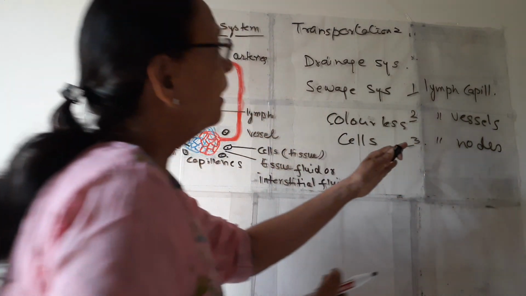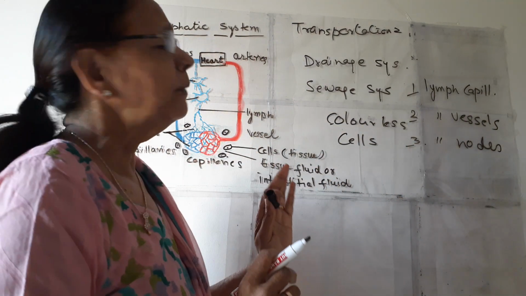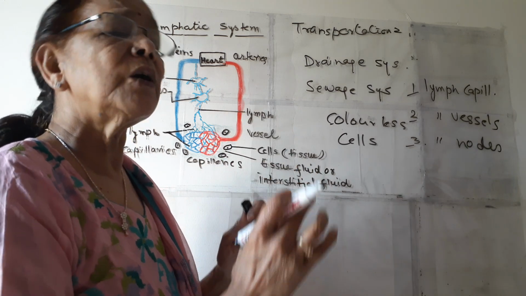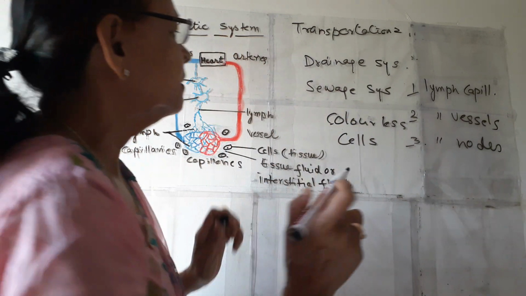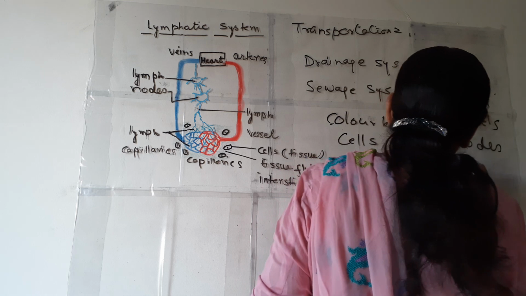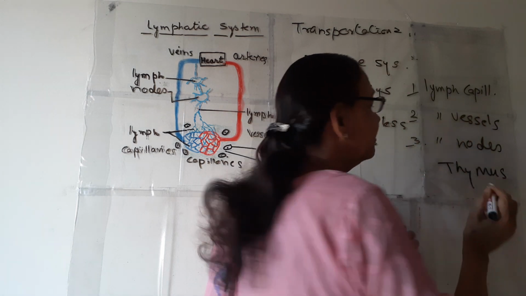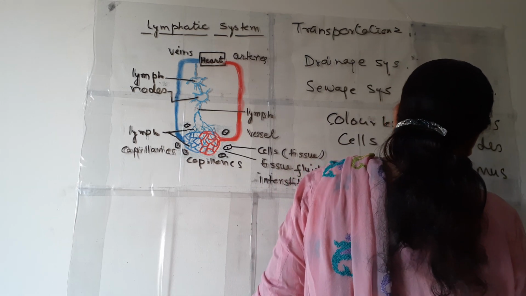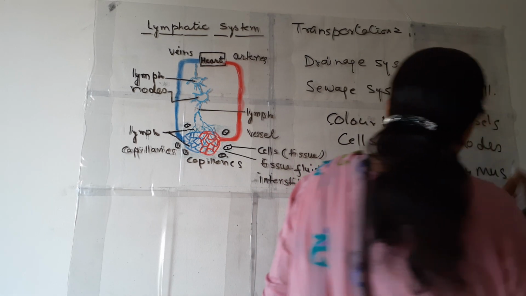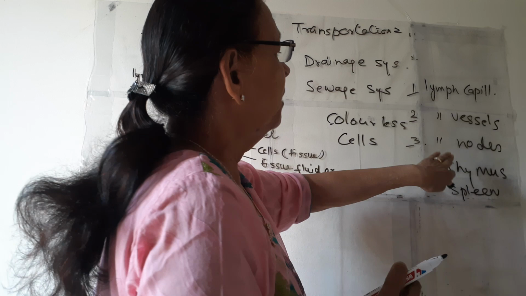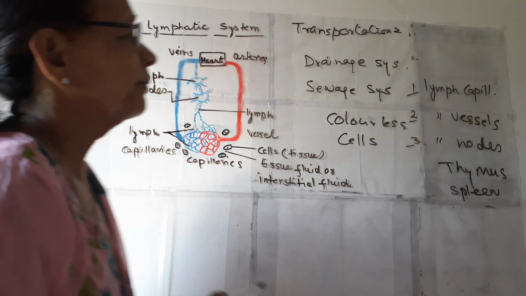So, all three are different parts of the lymphatic system. The other organs which are also involved with the lymphatic system are the thymus, which is present in the chest region, and the spleen. But we will discuss only these three.